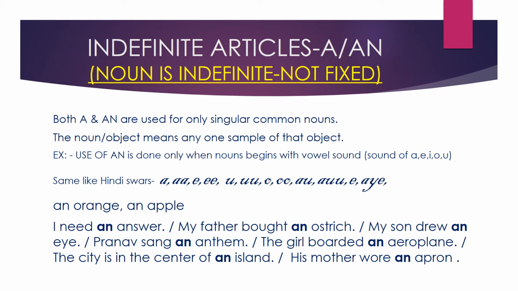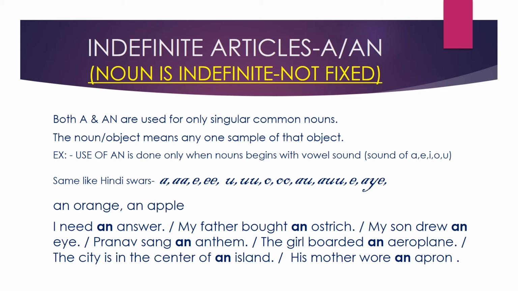My son is an honest child. It is difficult. Now just replace it with the other thing. I saw an orange. I bought an apple. And my son is an honest child. So for the ease of speaking and not putting two sounds together, we put an sound before any sound that begins with a vowel.